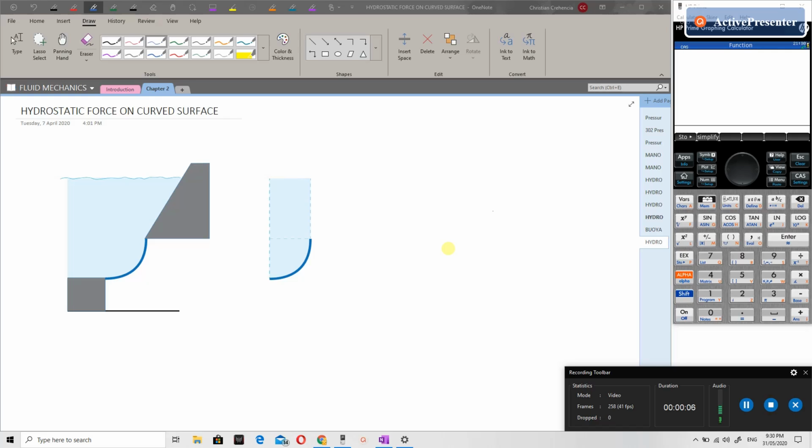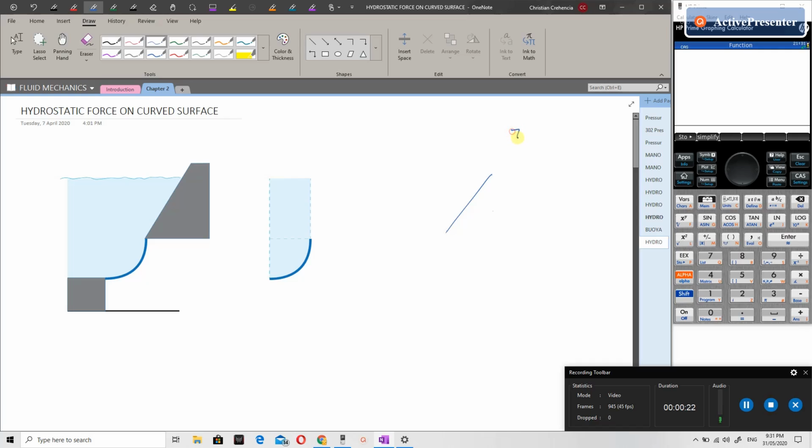So our topic is hydrostatic force on curved surface. In this kind of problem, unlike with a plane surface, all of the hydrostatic forces will be perpendicular to the surface at any given point.